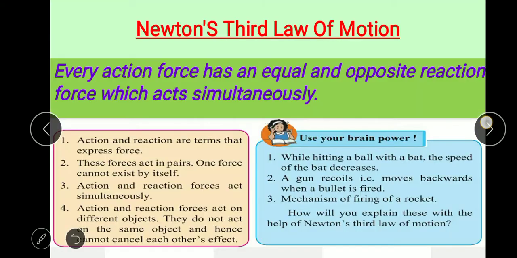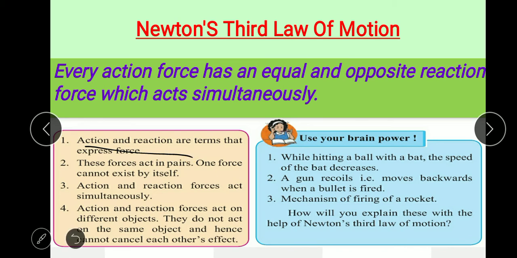Let us continue here. Now Newton's third law of motion. According to Newton's third law of motion, every action force has an equal and opposite reaction force which acts simultaneously. Students, here action and reaction are terms that express force.